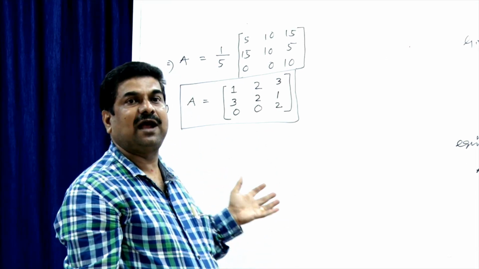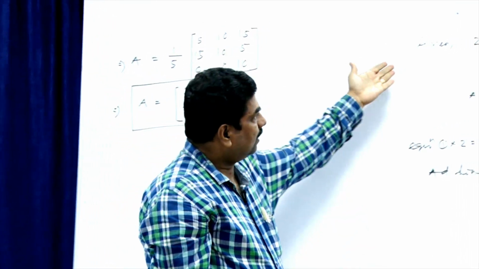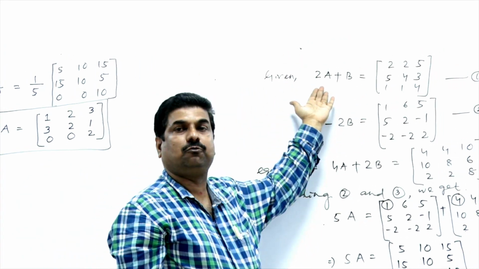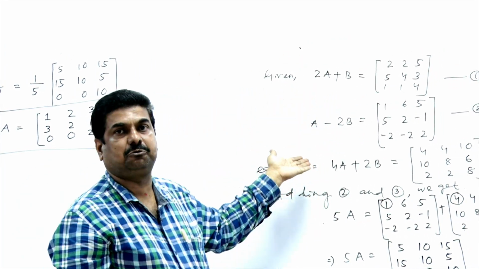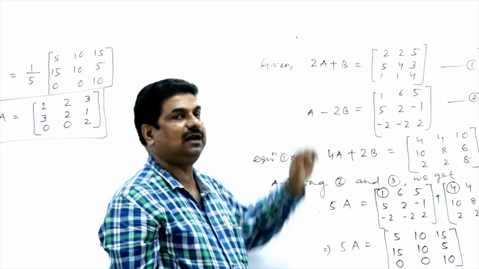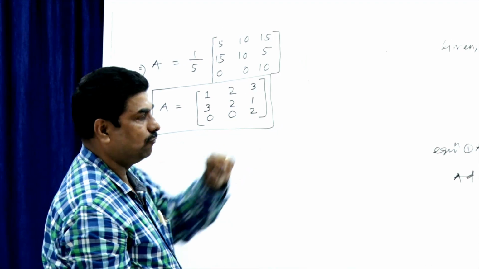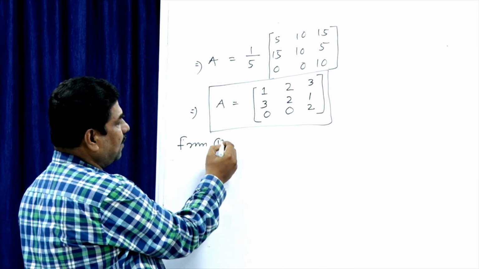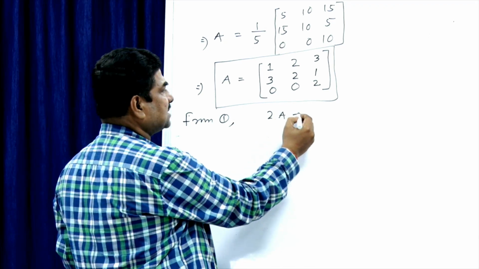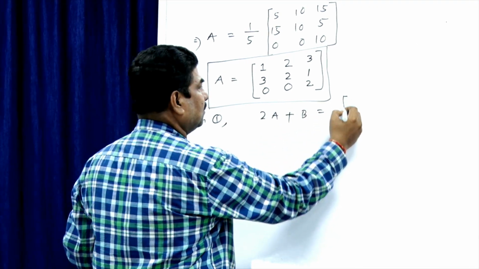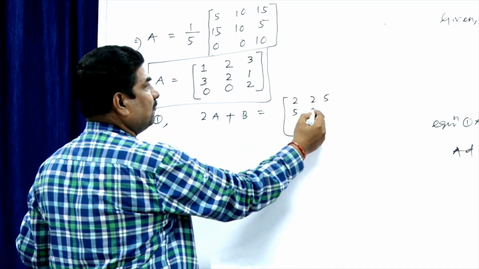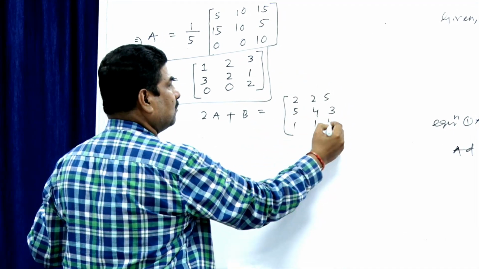So again we have to find the value of B. Either you substitute the value of A in equation number 1 or in equation number 2, and then we get the value of B. If you substitute the value of A in equation 1, A plus B is equal to 2, 2, 5, 5, 4, 3, 1, 1, 4.